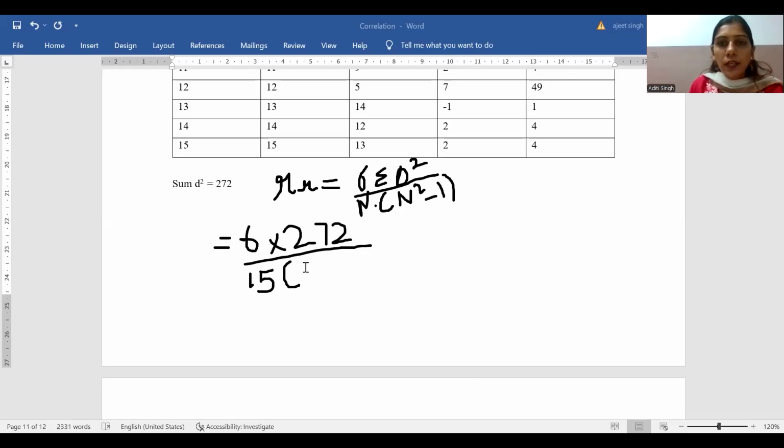So let's write it here, 224. Now let's again calculate. 6 multiplied by 272 is equal to 1632.